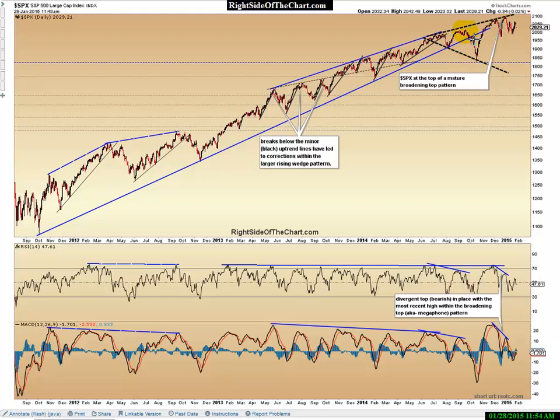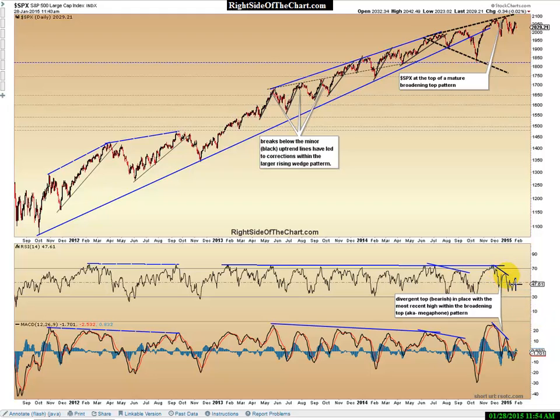So what we're looking at here, as I've highlighted for quite a while now, is this broadening top pattern. Prices are just now turning off the top of the pattern. If you look down below, we've had divergences along the way, and these divergences have led to healthy corrections. I think that was the 5% drop recently, and we had that bigger drop last year.